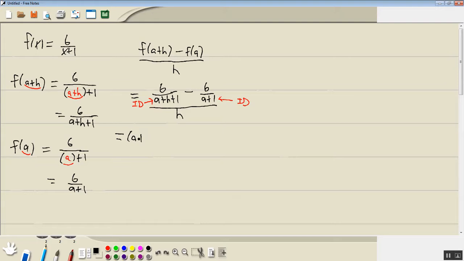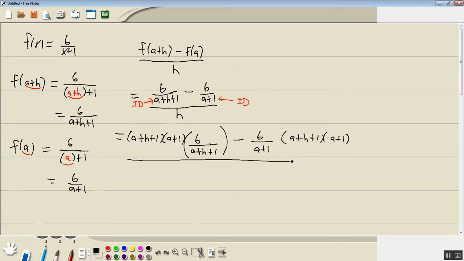So we'll take a plus h plus 1 times a plus 1, multiply that times our first fraction, 6 over a plus h plus 1, minus 6 over a plus 1 times a plus h plus 1 times a plus 1, all over h times a plus h plus 1 times a plus 1.